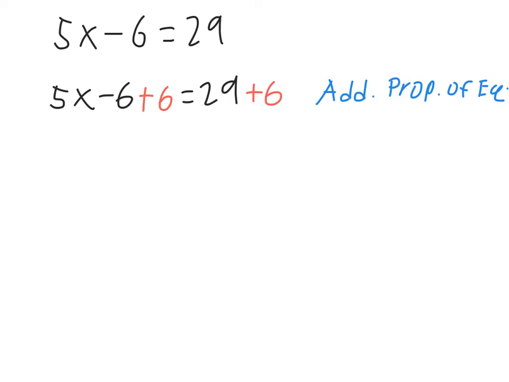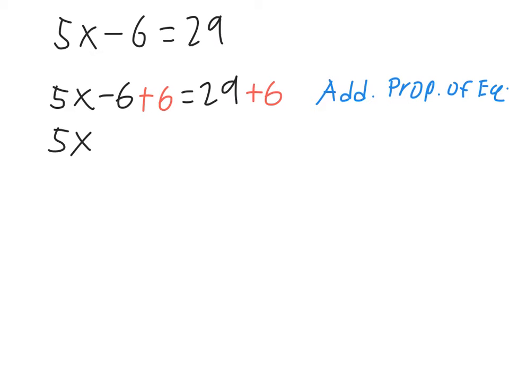Now let's simplify this. So we are going to combine like terms. We have a minus 6 here and a plus 6 here. Minus 6 plus 6, those two just cancel out. They give you 0. So that leaves you with just 5x.